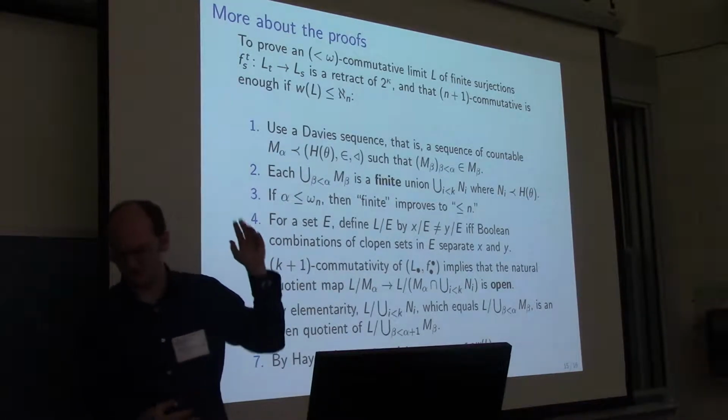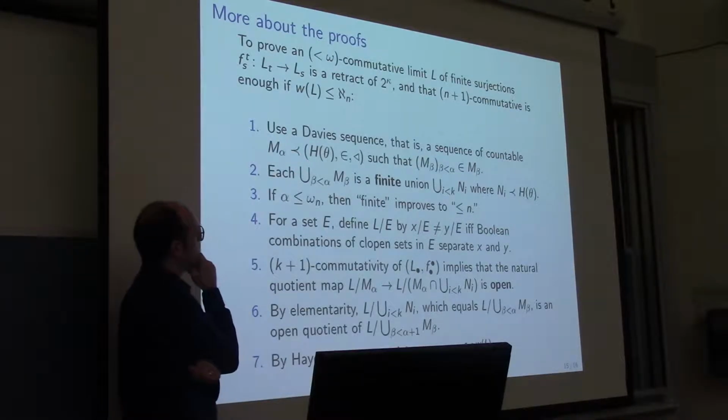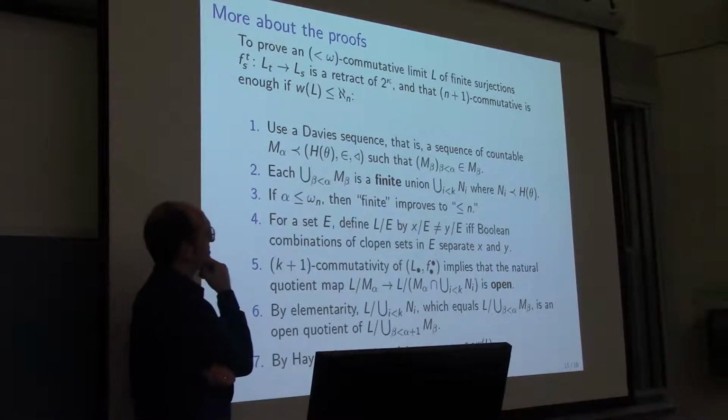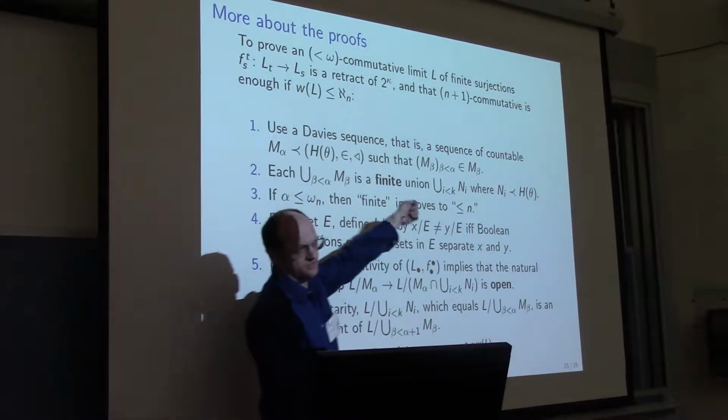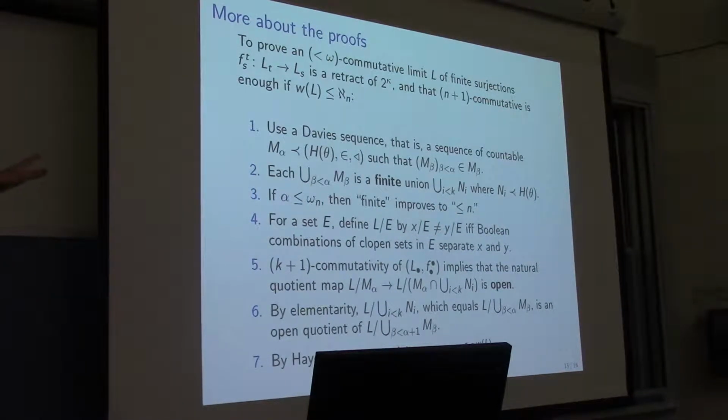You use a bunch of elementary submodels, and at any stage you only have to deal with, at most, n big pieces of the past, say, if you're talking about weight Aleph n as your goal.